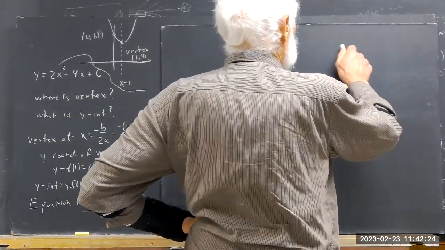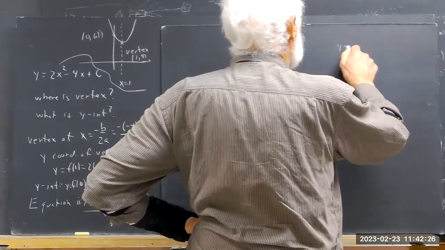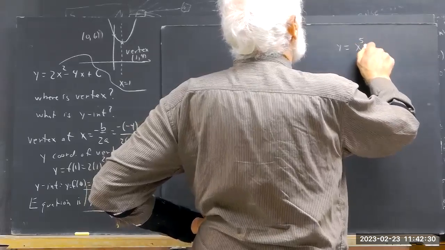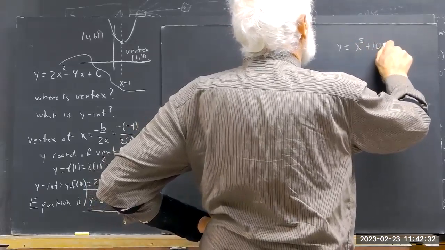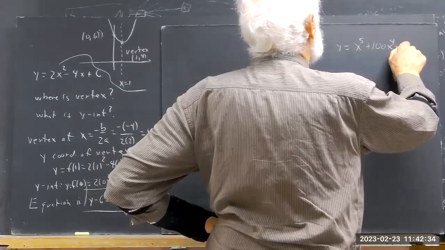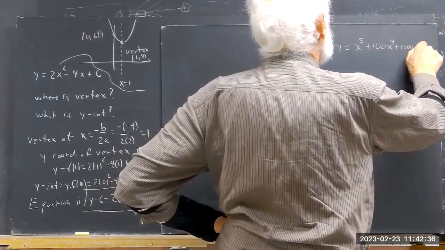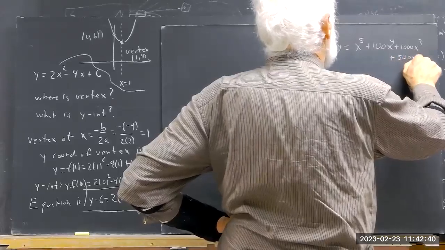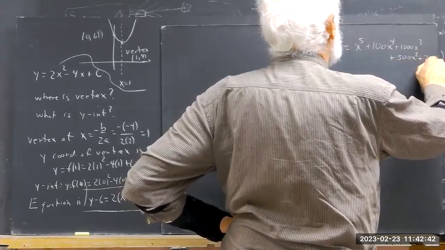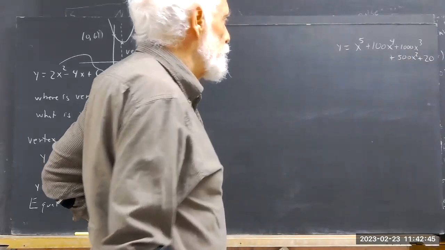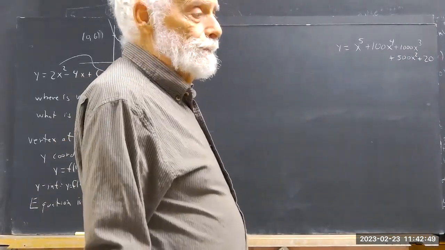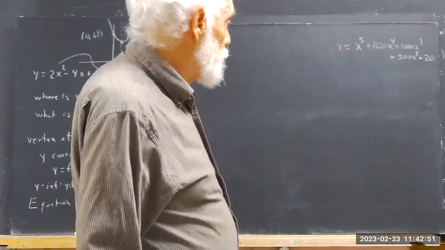Let's say we've got this. What happens as x goes to infinity?